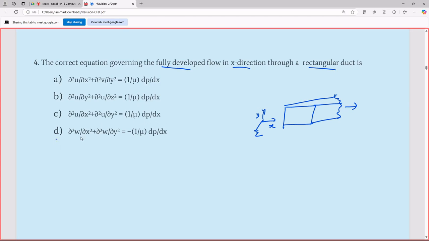Option D, dou square w by dou x square plus dou square w by dou y square is equal to minus 1 by mu times dp by dx. So which among the following is the equation for the fully developed flow in the x direction through a rectangular duct?